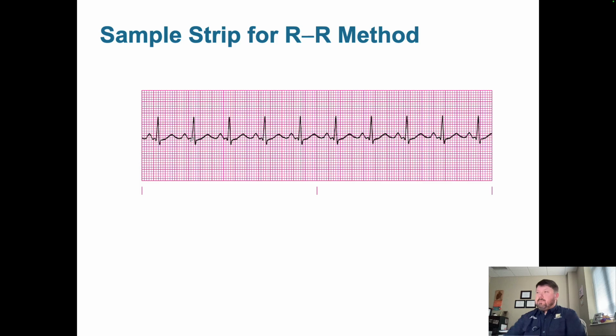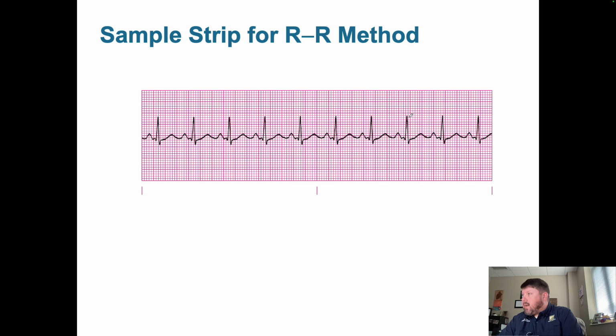So for instance, I don't really have a good complex that falls on a thick line. So this one's probably the closest, and there's only one box between this line and this line. So we're going to say that this one's falling on this line.